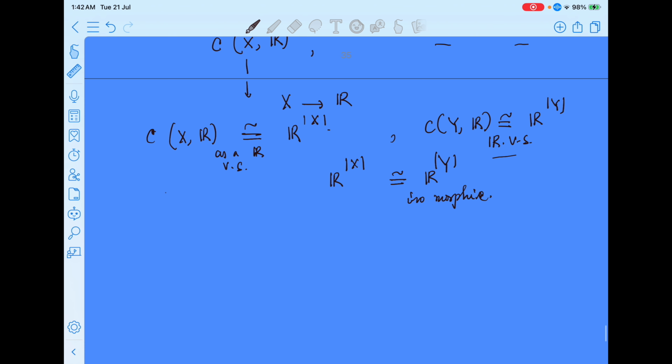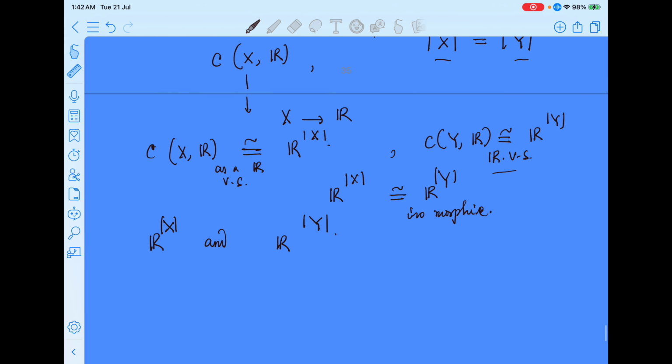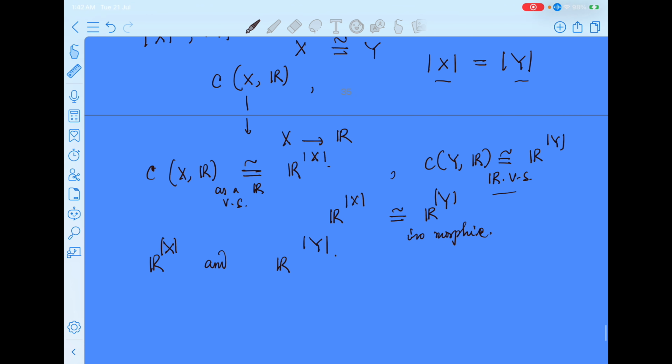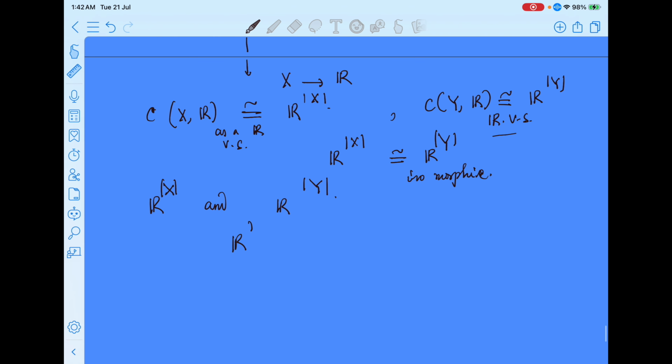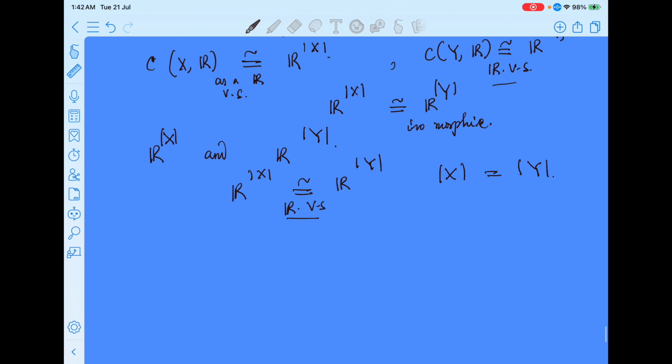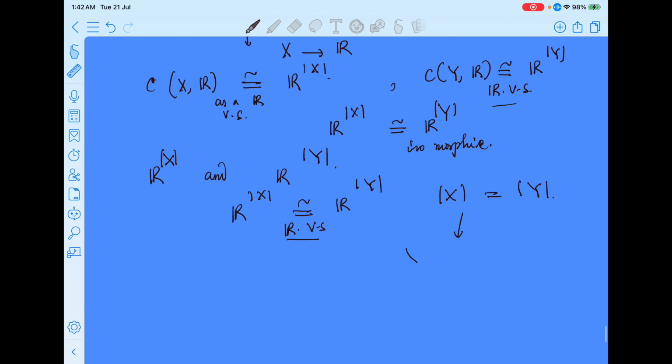And if R^x and R^y are isomorphic as an R vector space, that means their dimension has to be equal, then mod x equals mod y, and mod x equals mod y implies x is homeomorphic to y, right?